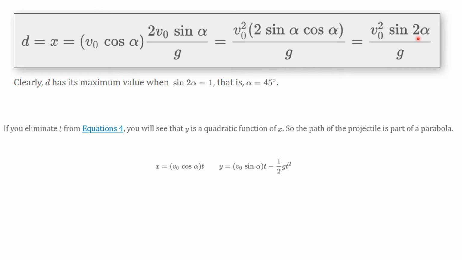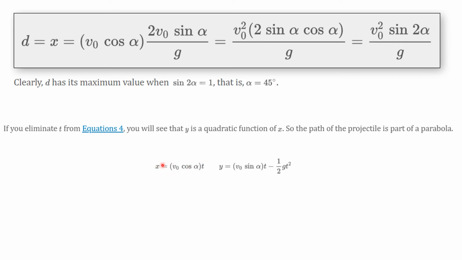Okay, now what we can do is go back to equation 4. And by the way, this is equation 4, down here, I rewrote it for you. So this is the parametric representation. What we have is that y, and we're going to eliminate t. So you say t is equal to x over v0 cosine alpha.